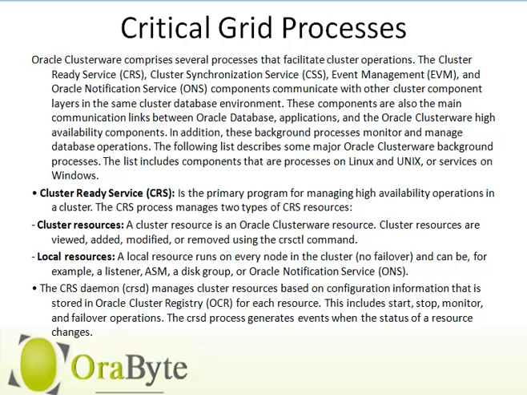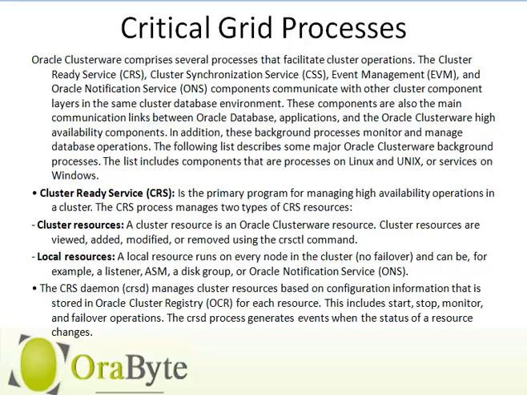First one is CRS, Cluster Ready Service. It is the primary program for managing high availability operations in a cluster. The CRS process manages two types of CRS resources: cluster resources and local resources. A cluster resource is an Oracle Clusterware resource.